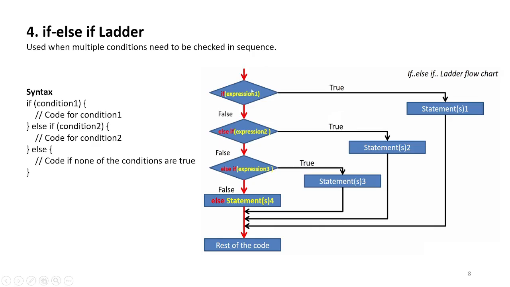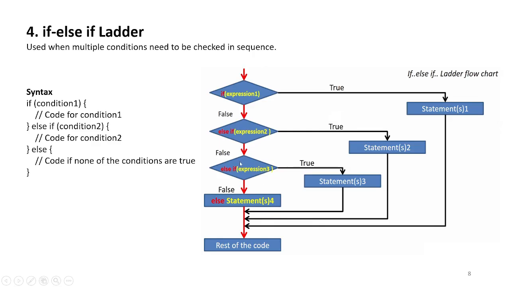After that, if it's false, then come to the next else if. Let's check its condition inside it. If it's true, execute the body inside it and go out of the program. If it's false, then come to the next. If there is also an else if statement and condition, then check it, execute it and go out of the program.